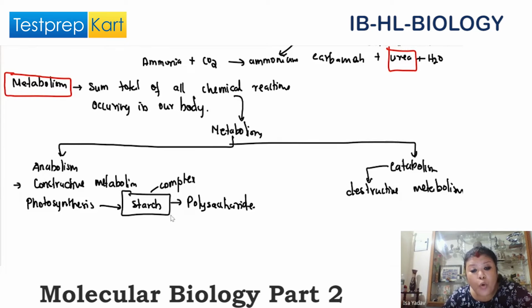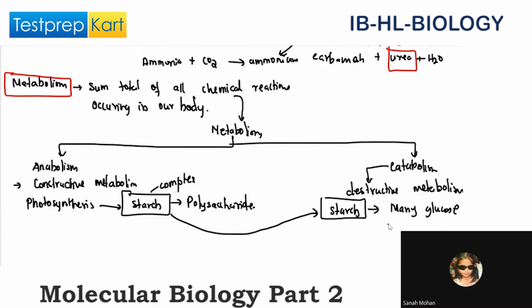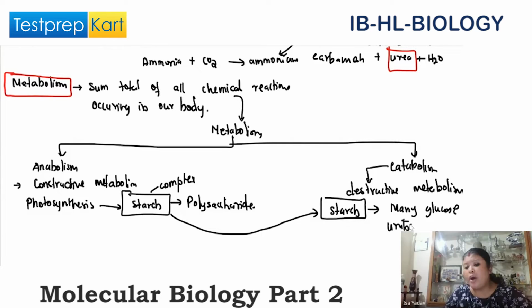Suppose, for example, we take in starch. Starch is a complex carbohydrate which is made up of many glucose units joined by glycosidic bonds.